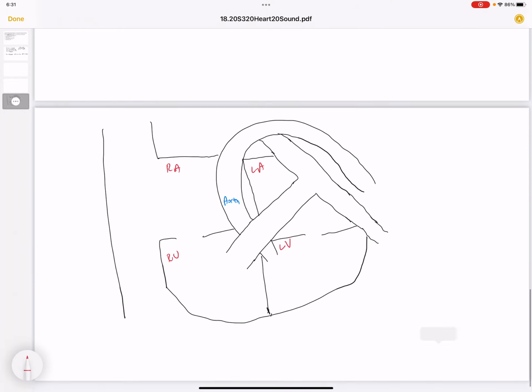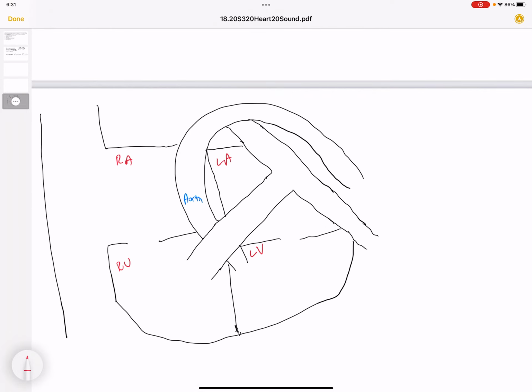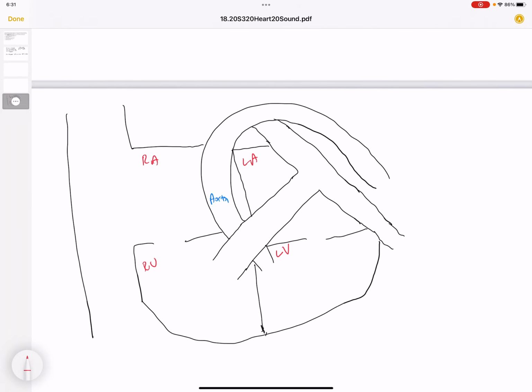At a certain point, the left ventricle is going to be filled, but we will still have more blood within the left atrium due to that regurgitation that happened during systole. And when that extra blood flows into the full ventricle, it will result in oscillation that would give us an S3 heart sound.